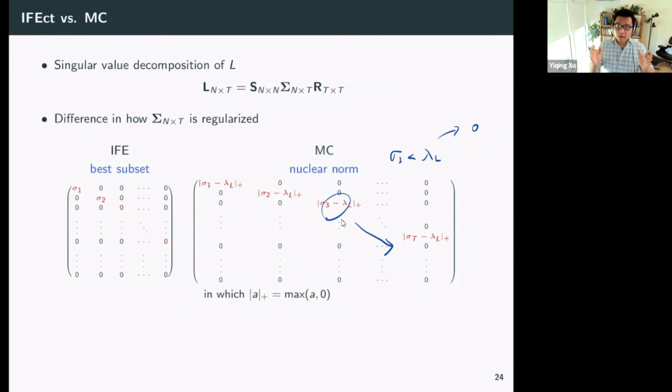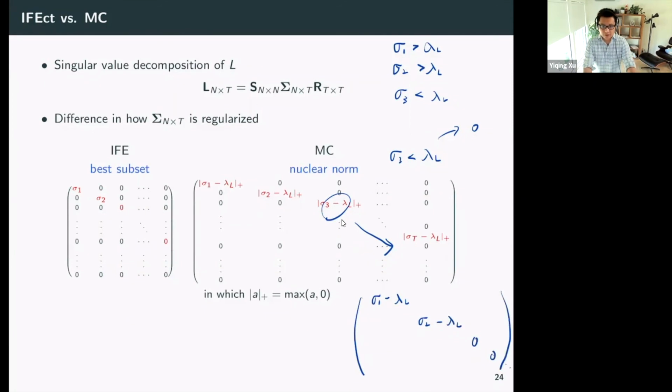But they will remain with a smaller impact on the outcome variable. Let's say sigma 1 is bigger than lambda L, sigma 2 is bigger than lambda L, but starting from sigma 3, it is smaller than lambda L. So what you end up having is basically sigma 1 minus lambda L, sigma 2 minus lambda L, and then a bunch of 0s on the diagonal.